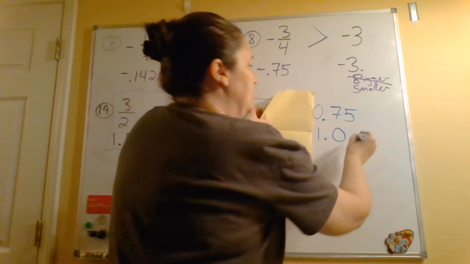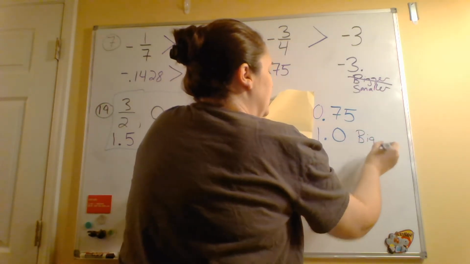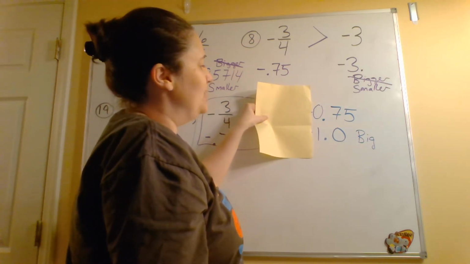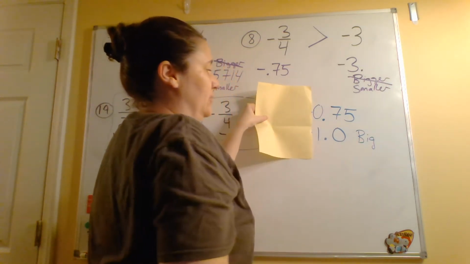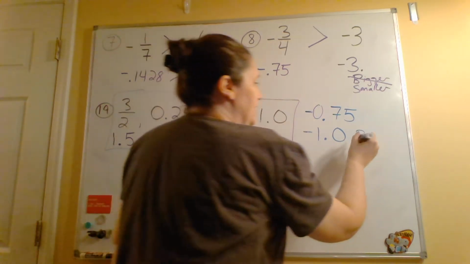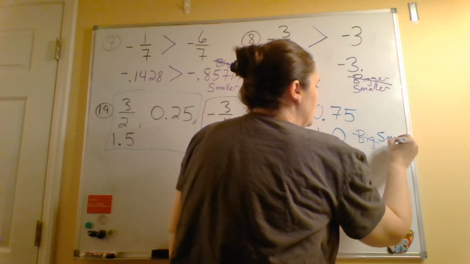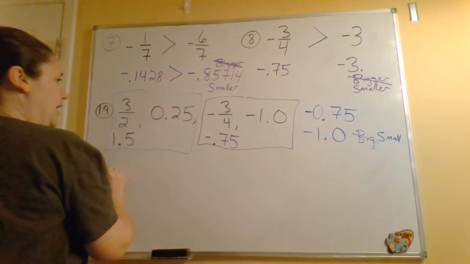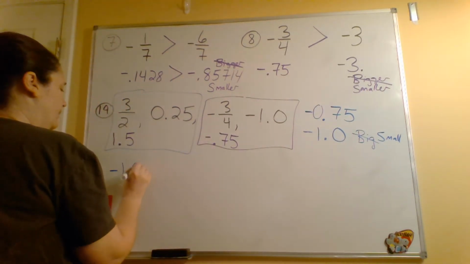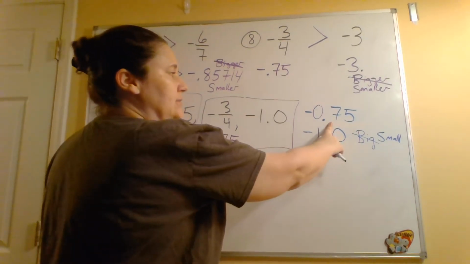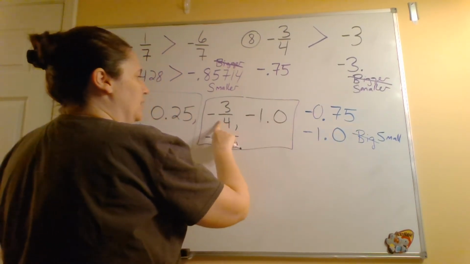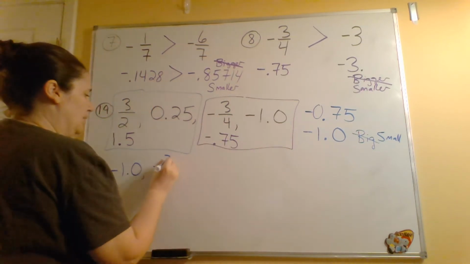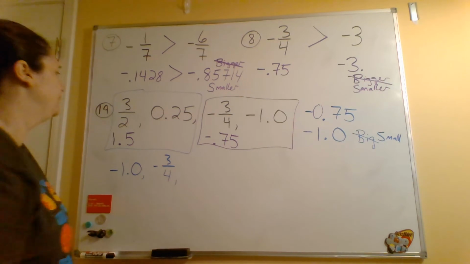So with the negative signs, that is actually the smaller number. So the smallest number on this list is -1.0. This would be the second smallest because it's the other negative number, and that was originally -3/4. So I'm going to put it on my list like that.